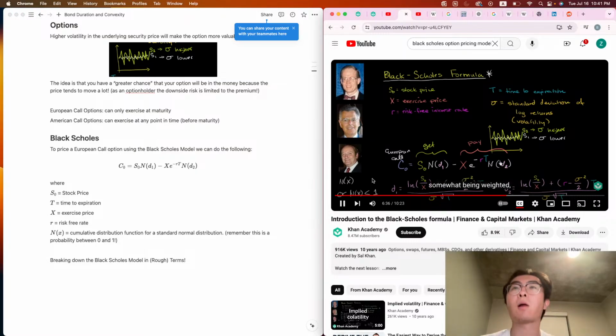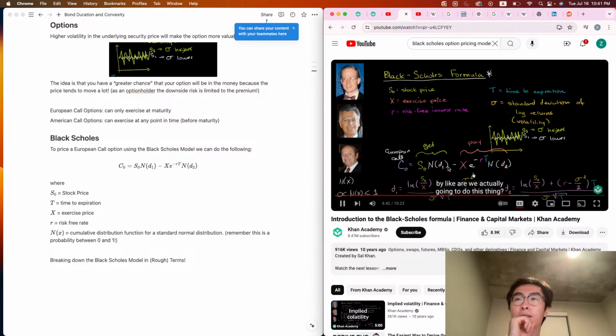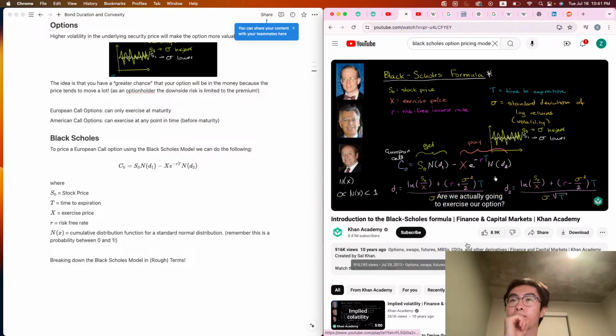Price discounted back, somewhat being weighted, and I'm hand waving a lot of the mathematics: are we actually going to exercise our option? That makes sense if the stock price is worth a lot more than the exercise price, and if we're definitely going to do this, let's say that D1 and D2 were very, very large numbers.